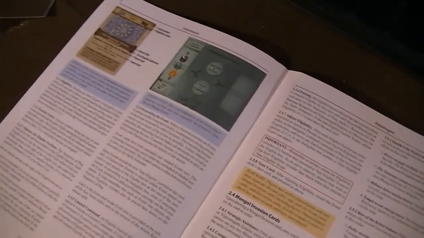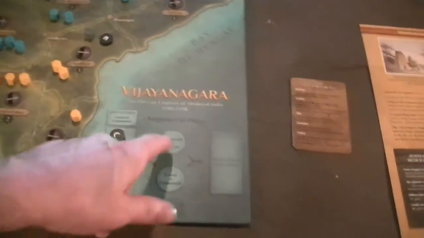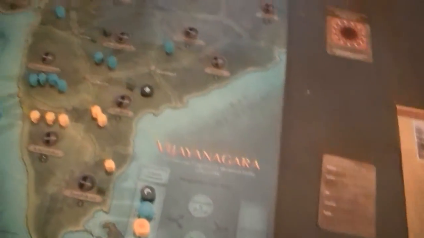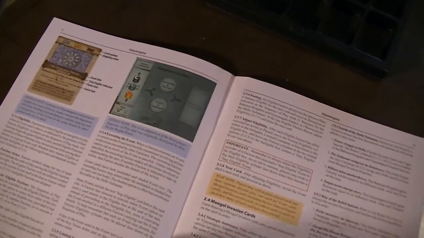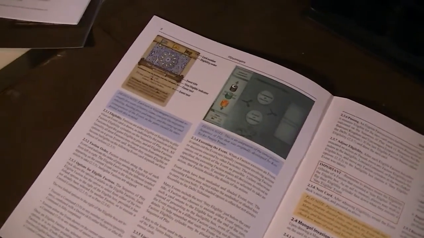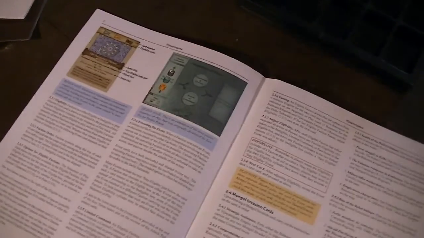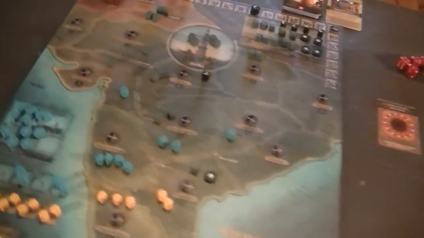So, what happens in the sequence? Each player gets to take one of their choices. These are usable by only one player each, those circles. When you choose to do a command, you can do it in any number of spaces, perhaps even 0. And then with the decree, you would also be able to do a decree at the same time.